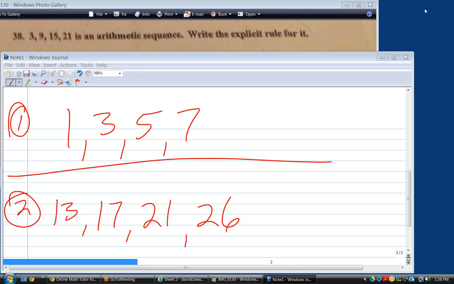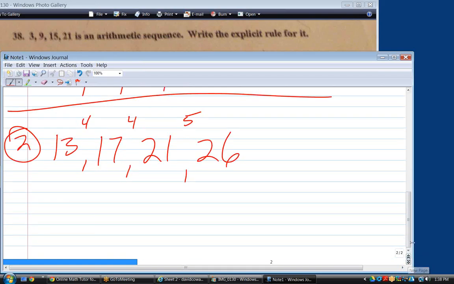In other words, any sequence that has a common difference is an arithmetic sequence, regardless of what its first term is. Now, this goes 4, 4, 5. That is not an arithmetic sequence.